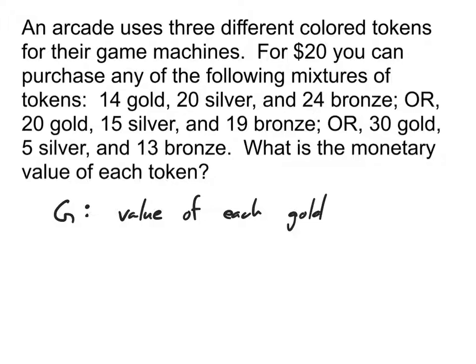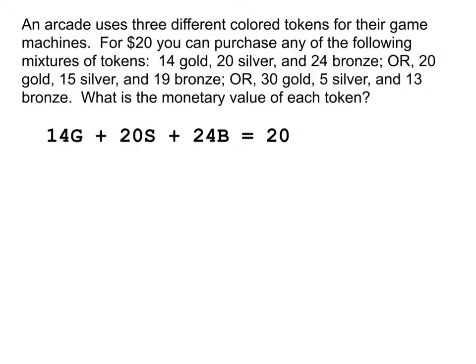So with that in mind, I can get one equation just from that. 14 gold, so I have to do 14 times G. And then I have to add the 20 and add the 24 bronze. And all of that should equal a grand total price of $20.